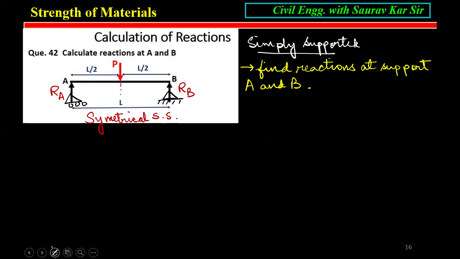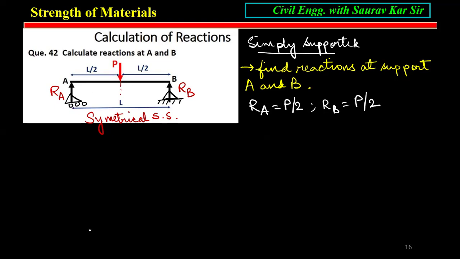Okay. So RA is simply whatever the load is, load divided by 2. Here also RB, total load divided by 2. Total load is P only, the point load at mid-span, so P by 2. If it is at some other span, I will teach you that also.